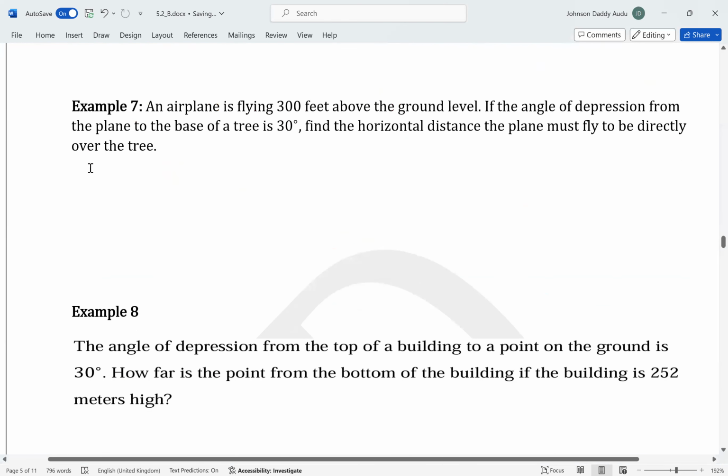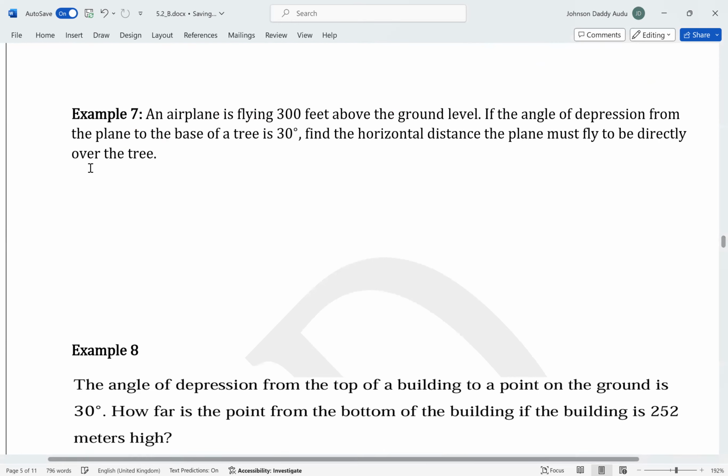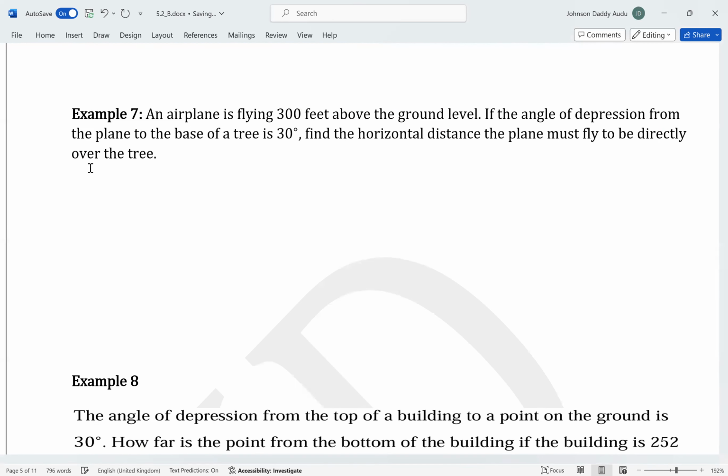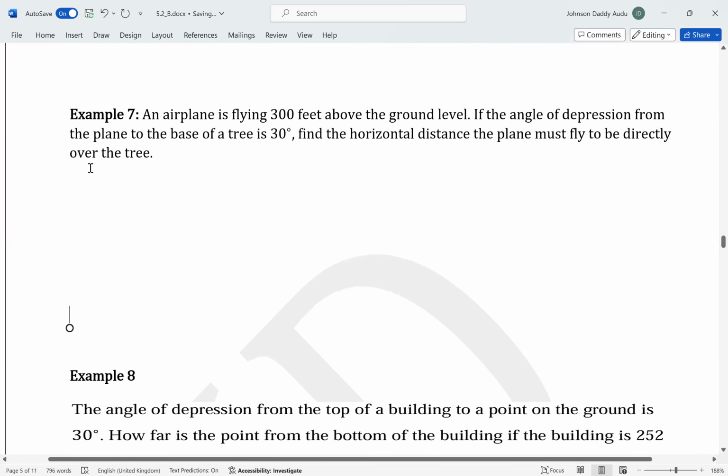Example 8 is saying that an airplane is flying 300 feet above the ground level. Where is the ground level?